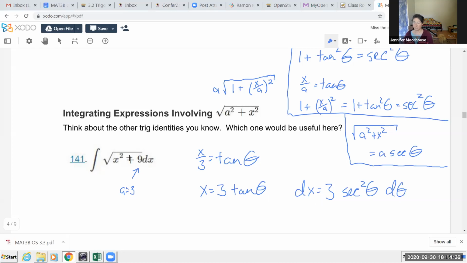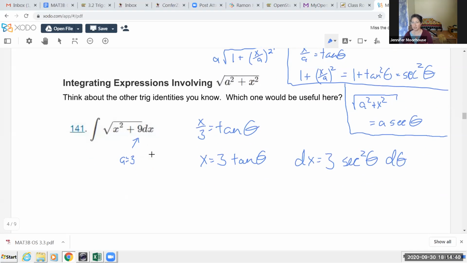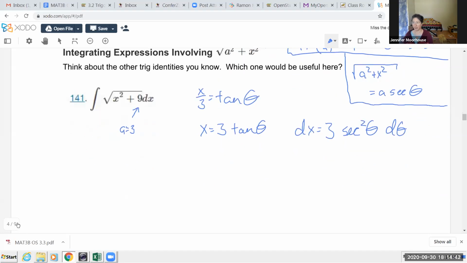And so now when I make the substitution in here, I'm going to get the integral of, so the square root of x squared plus 9, that's the square root of a squared plus x squared, is just a times secant theta. So this a is 3.